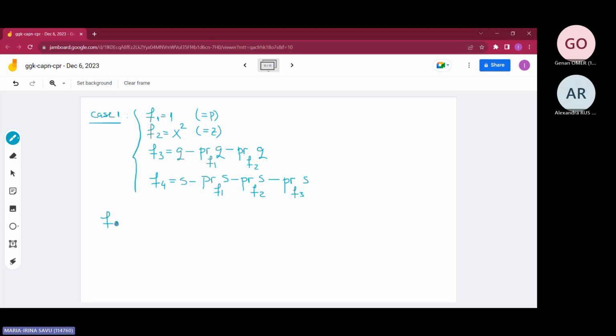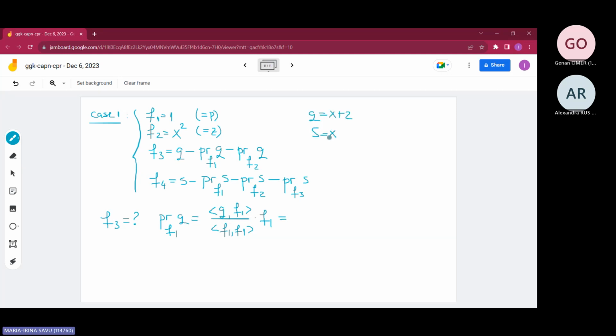How do you compute F3? We copy the projections. The projection of Q onto F1 is the inner product of Q and F1 over F1 with F1, times F1. Q was x plus 2.